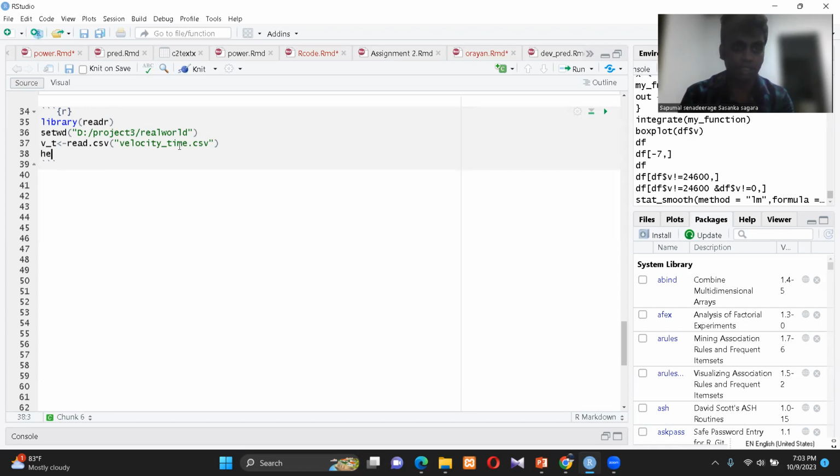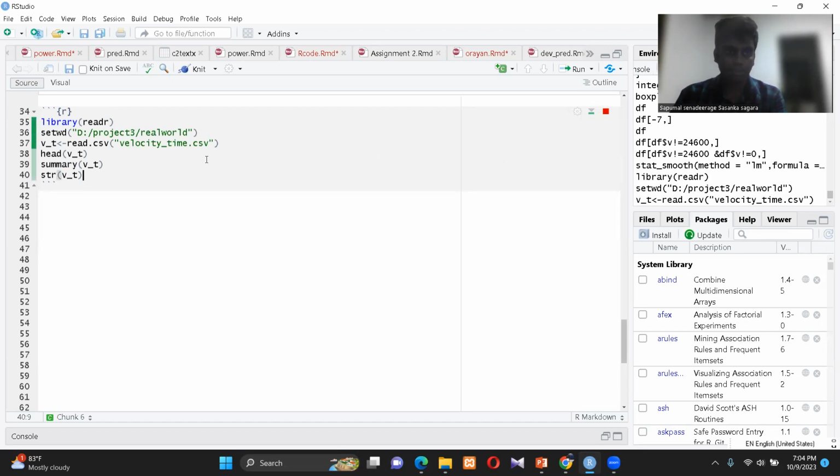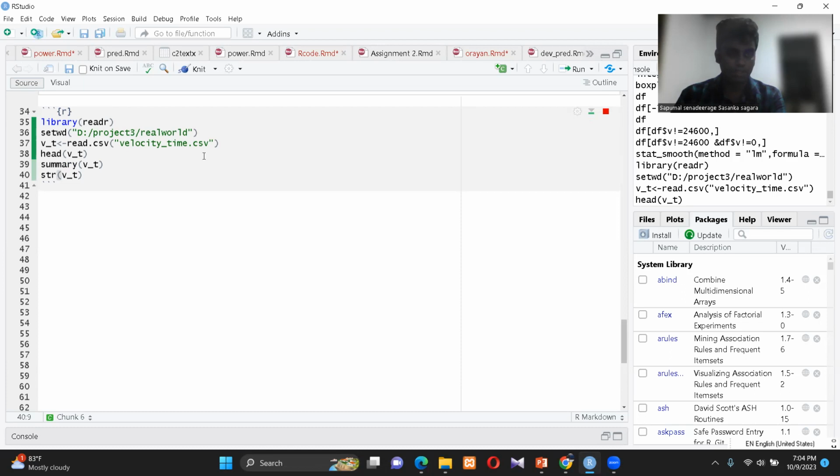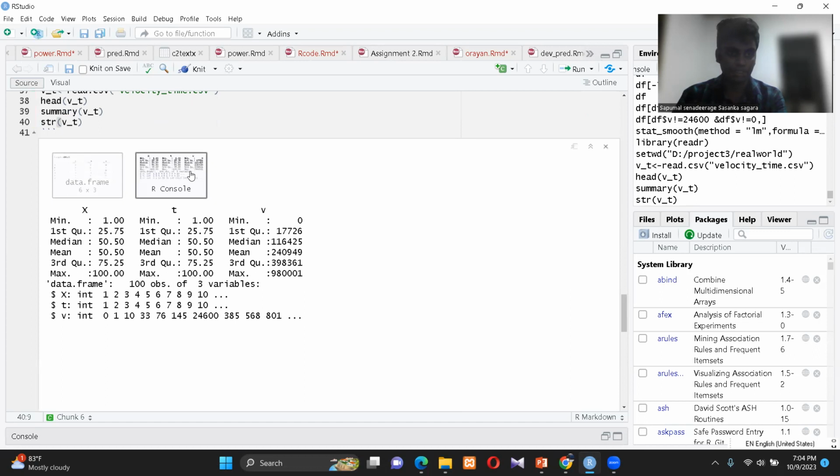Let's take a look at the summary of the data frame. First of all, the summary and the data structure as well. Let it be run: the head of the data frame, the summary of the data frame, and the data structure as well, right?